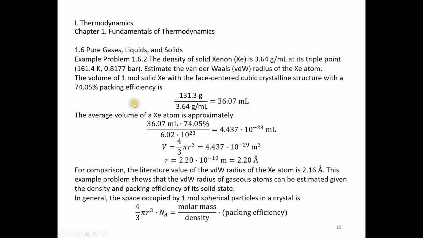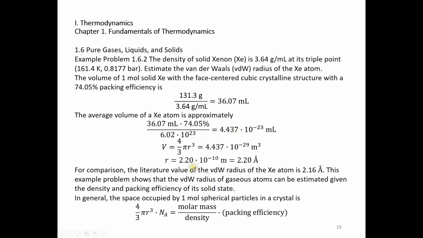And now we can compute the average volume of an individual xenon atom. So first we have this packing efficiency. So we have the molar volume times the packing efficiency, and then divided by the Avogadro constant, we get the volume of one single xenon atom.